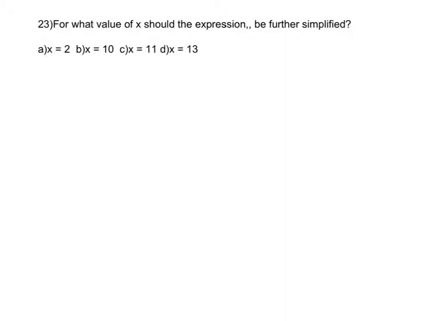Number 23, it says, for what value of x should the expression 5 square root of 5x be further simplified? In other words, what it's asking you to do here is put those values of x that it gives you in, and then see if under the radical, after you multiply it by 5, you can break it down or simplify it.